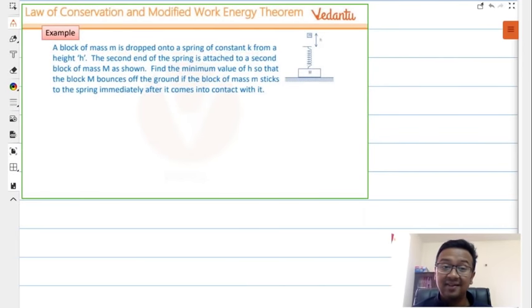Now, here I have a very, very interesting problem, students, and I'll take some time to discuss it. This is the arrangement we can see here. There is a block of mass capital M, which is attached to a spring. And there is a small block of mass small m, which is going to fall from a height h.